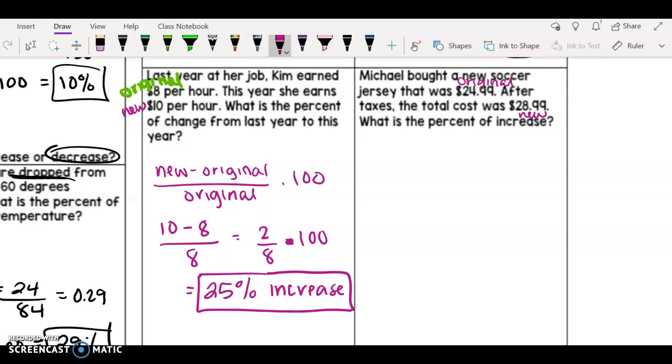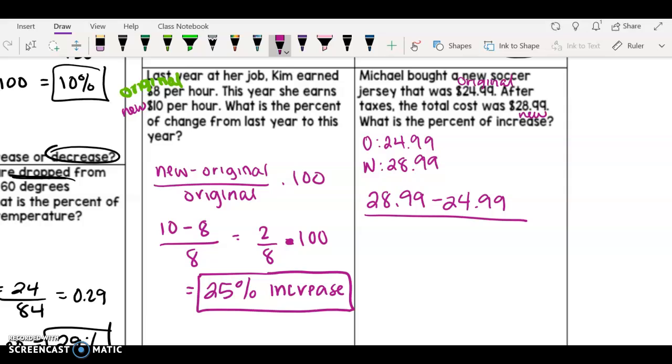So our original is $24.99. Our new is $28.99. So we have $28.99 minus $24.99 all over my original, which is $24.99.